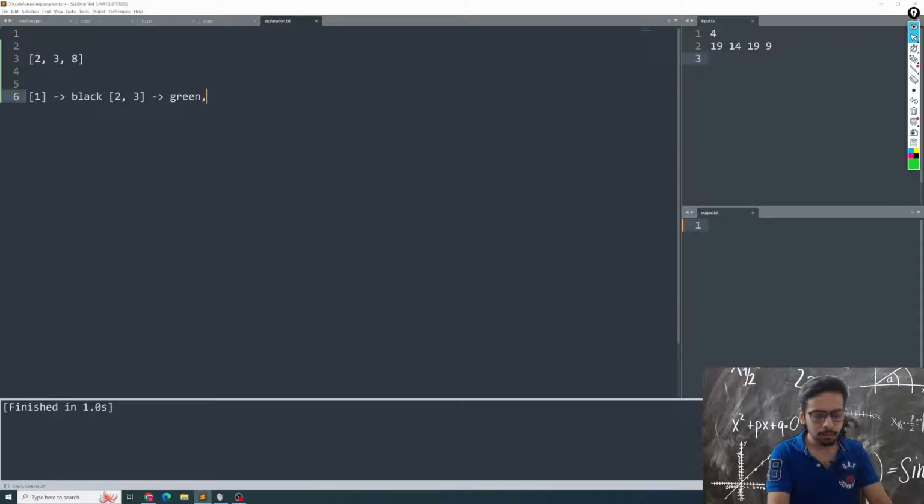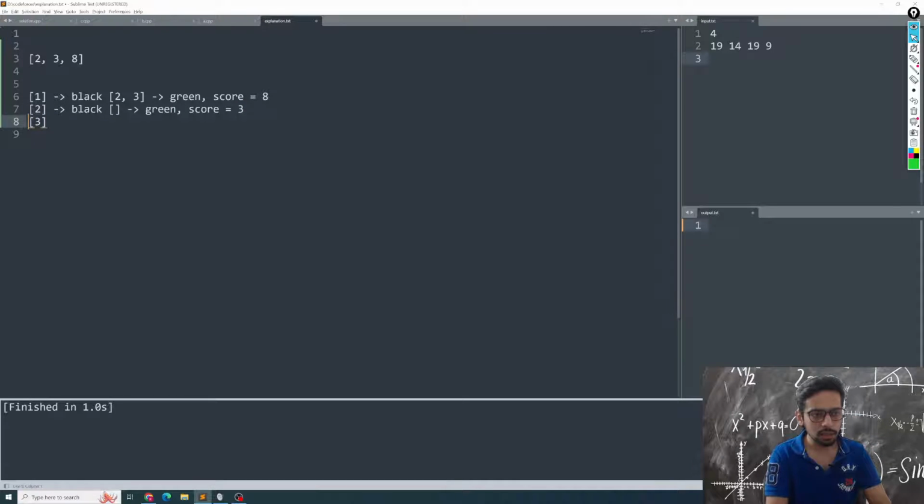The score will be 8. Similarly, you could have painted the index 2 as black, then there will be nothing as green, and score would be 3 because that's the largest element in the only element 2.